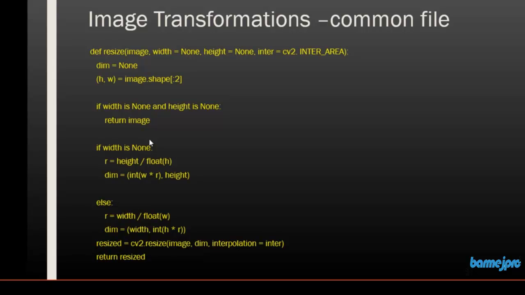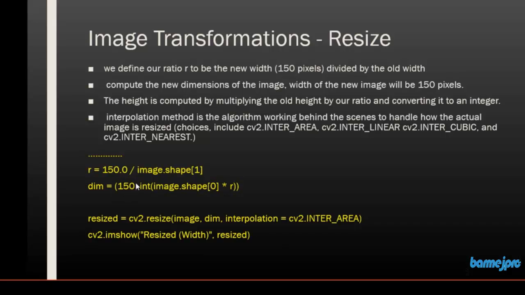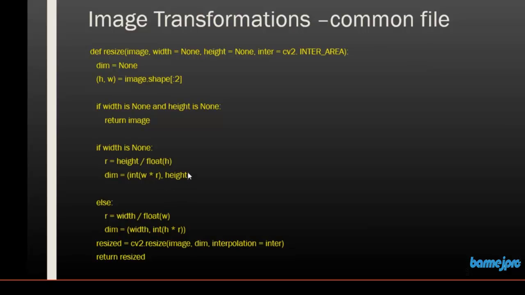So we assume there is a positive value for height, and we calculate the r value based on height: the new height, which is defined by the user and passed here, divided by the old height that we got here. That value is saved in r. Now we find the dimensions. Like the previous case where we kept width constant, here we keep height constant and find the dynamic width, that is, the old width of the image multiplied by the r value.